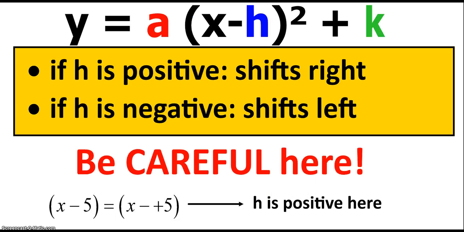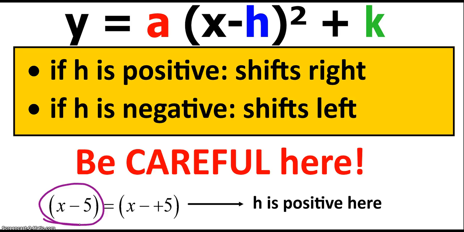Now also, we need to be careful about h. It says if h is positive, it shifts right, but if h is negative, it shifts left. We have to be careful because in the equation there is a negative sign in front of my h. So if you look at x minus 5, this actually looks like it would shift to the left. The problem here is that the negative belongs to the equation.